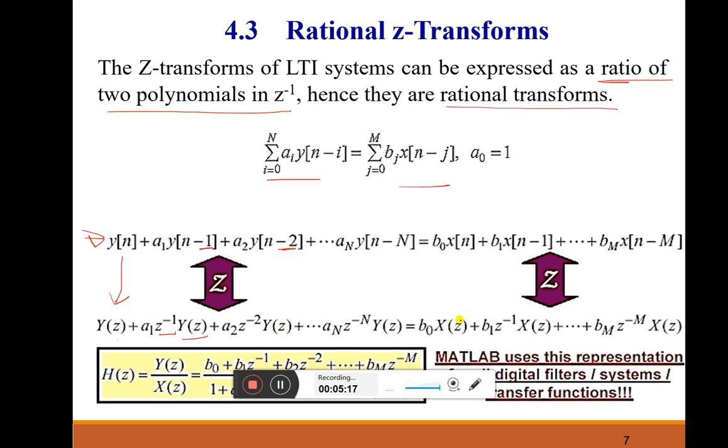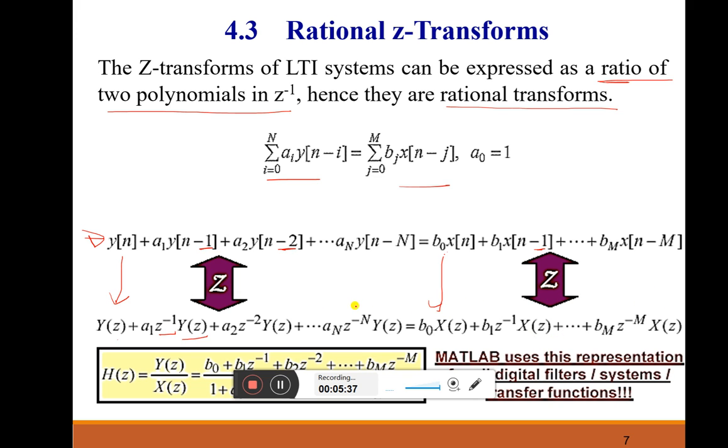Okay, seterusnya. And sama juga dengan b0. So for b0 x[n] is b0 X(z), b1 x[n-1]. So you have b1 z to the power of -1 sebab shift dia adalah -1. So you have X(z). Okay, and seterusnya.